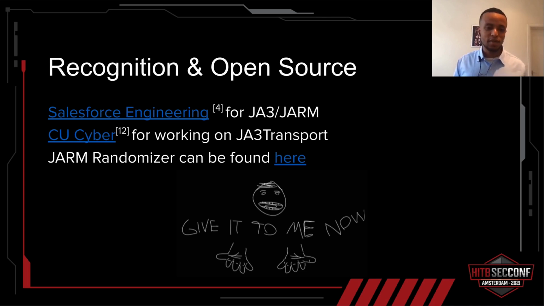And the CU Cyber team for JA3 Transport, these two teams really laid out the groundwork to do this project and bring JARM Randomizer to you guys. And in the spirit of matching JA3, JARM, and JA3 Transport, we are open sourcing JARM Randomizer, and we hope you guys take it, play around with it, make changes as well.